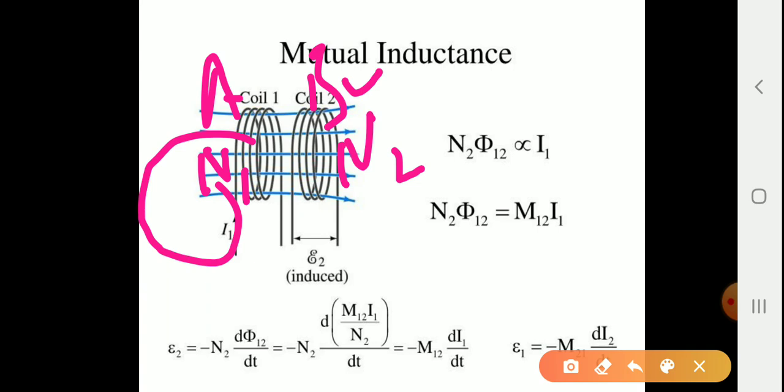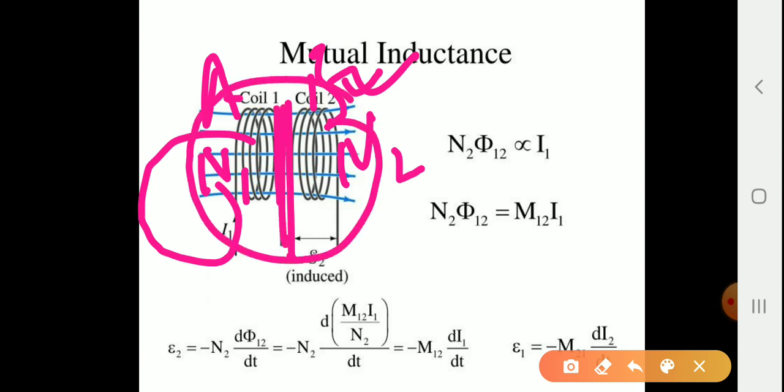Here all the flux produced by coil A will link with coil B. So if the flux through coil A changes, this will induce voltage in coil A. This is called self inductance, right? And the change in the flux also induces voltage in coil B, which is called the mutual inductance.